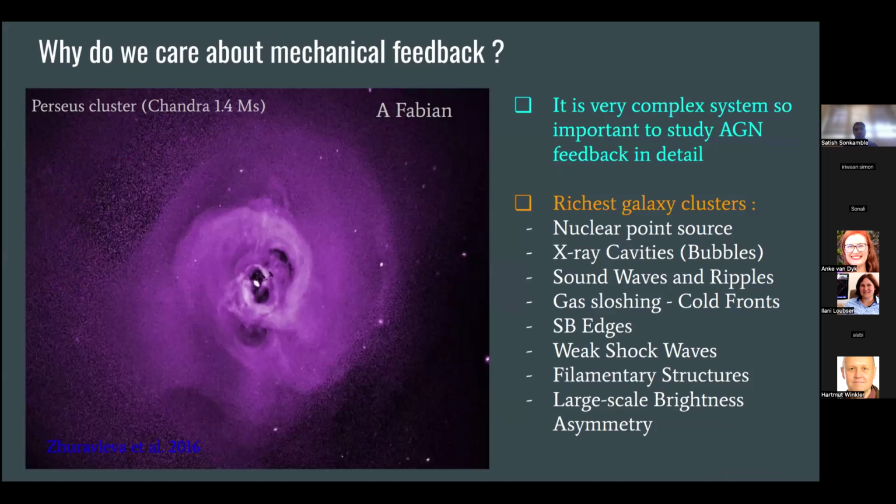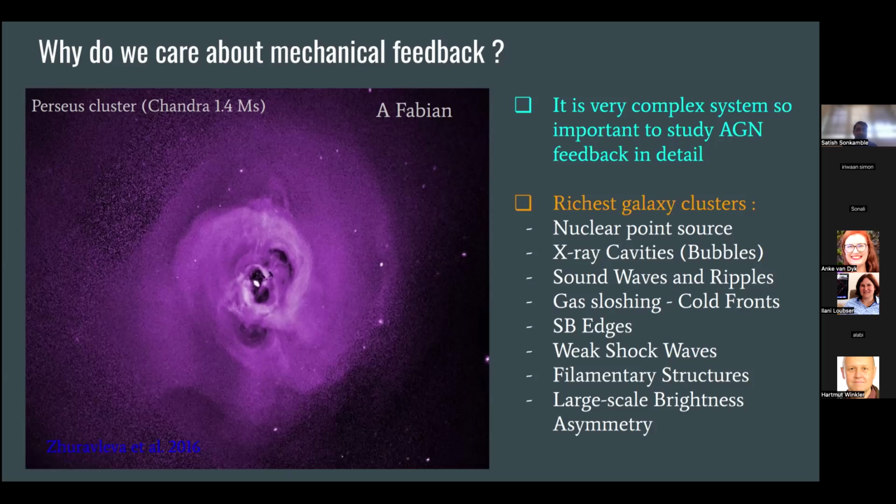And the question is, why do we care about this mechanical feedback? We can see the very rich observation of the Perseus cluster. It shows an enormous number of morphological features, which is very complex, and it's very difficult to understand all the processes going on there. The center is a nuclear point source, the AGN; the dark regions are cavities; and there are ripples, sound waves, gas sloshing, filamentary structures and large-scale asymmetries.